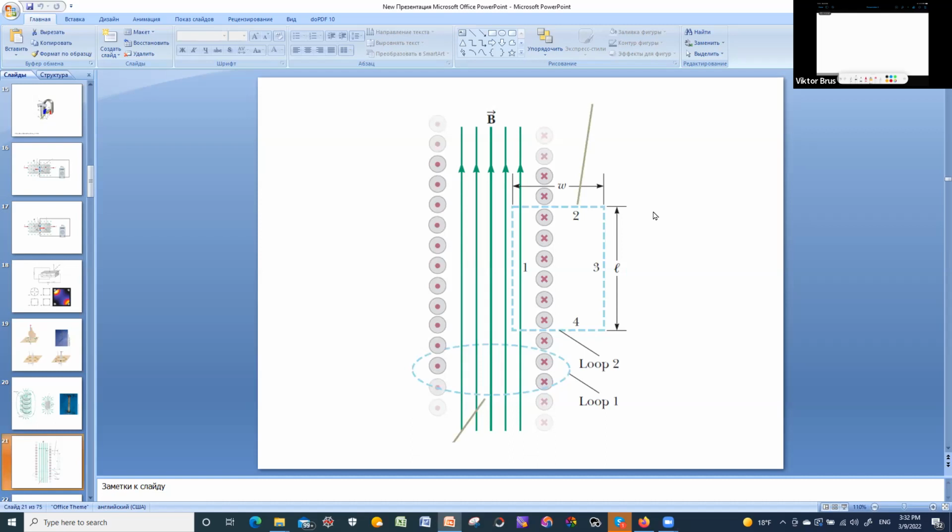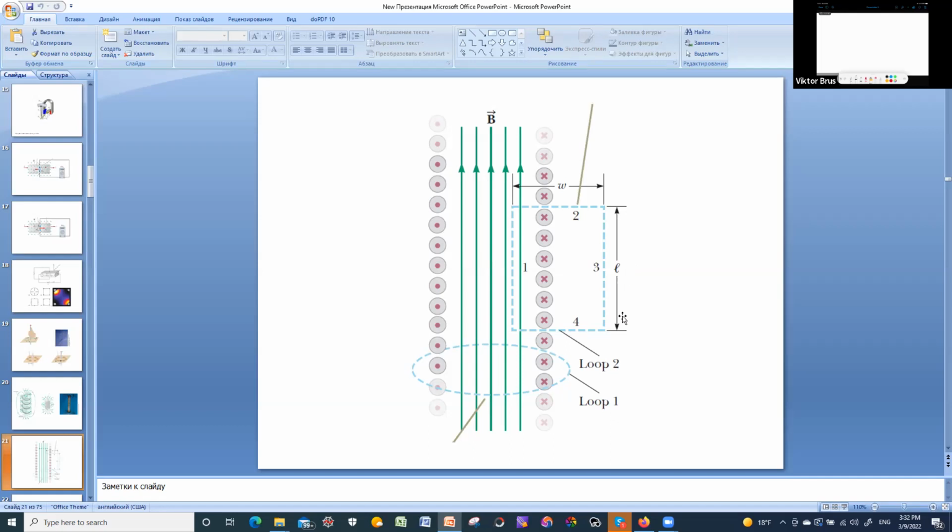We have such a sketch of a solenoid with magnetic field inside. We would like to consider a closed rectangular loop, which is shown here with sides 1, 2, 3, and 4.